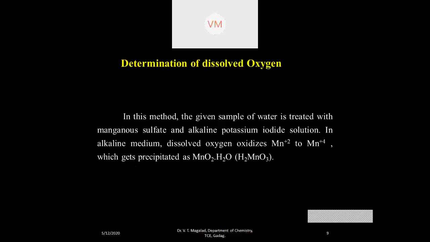Now we shall go for the study of determination of dissolved oxygen in the water. This is one of the very important questions generally asked in the question paper. This is called Winkler's method.